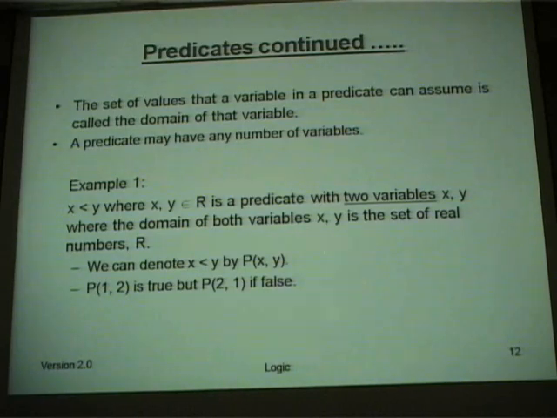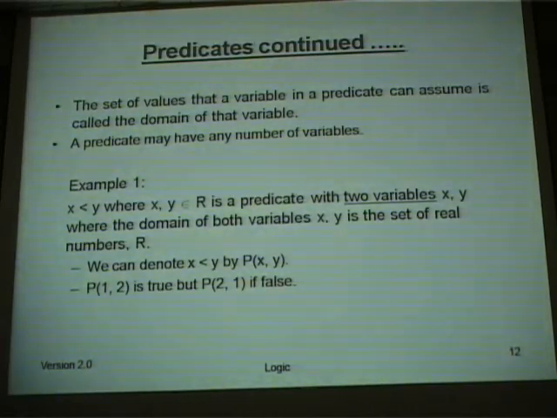The values for x and y can come from different ranges, and depending on the range, the predicate behaves differently. So it is very important, and I will give you an example later, that you should not write the predicate without knowing the domain, the range of values. Domain means the range of values x and y can assume.